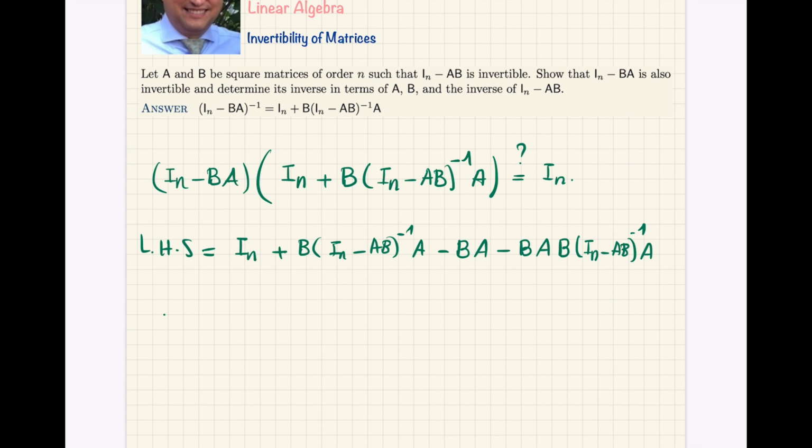So let me rearrange them. I write IN first, I write minus BA second, but between these two, I want to factor something out properly so that it can give me the solution. Okay, so here I will factor a B out from the left, and the whole expression (IN minus AB) to the minus 1 A from the right.